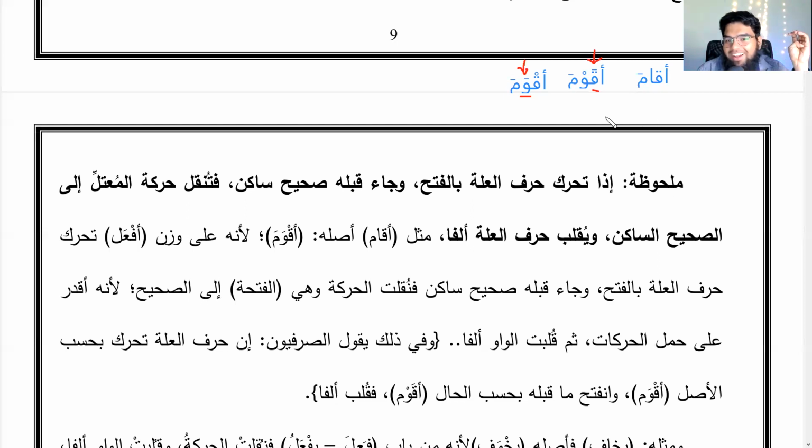Now, see, aqwama, if somebody asks you how did it become aqama, we have to say two things happened here. Two things. So the rule is, what a mess, yeah, again. See, the rule is what? إذا تحرك حرف العلة بالفتح. The حرف العلة should have a fatha, not anything else.